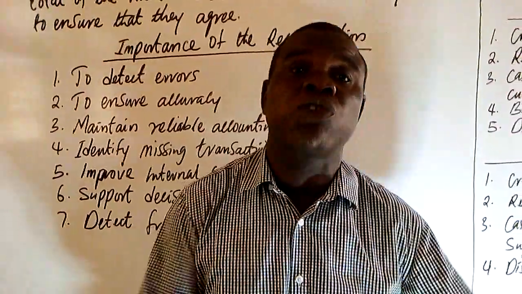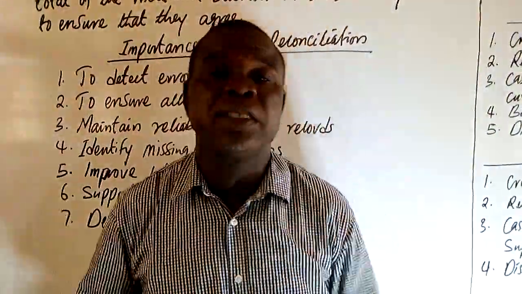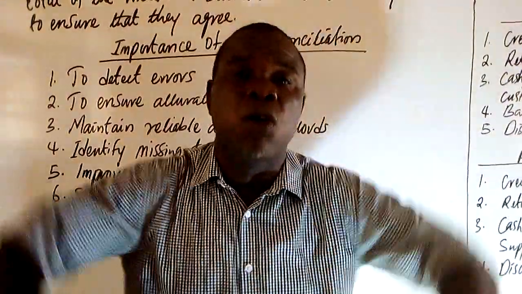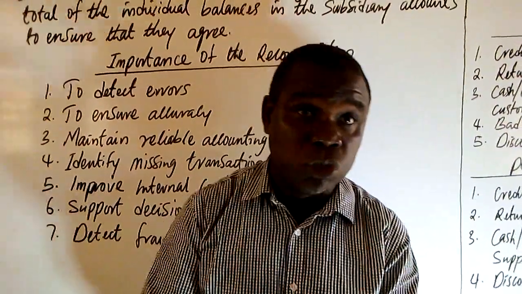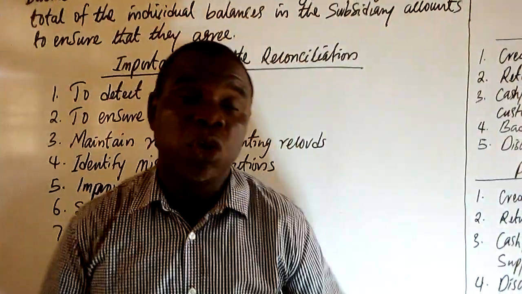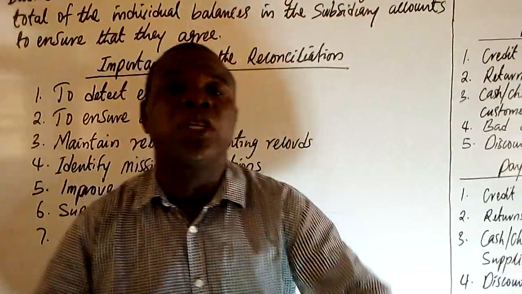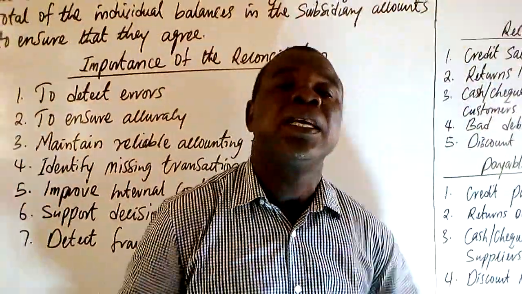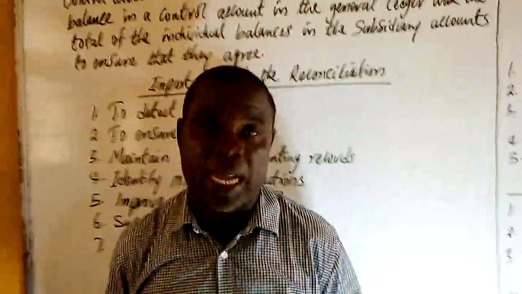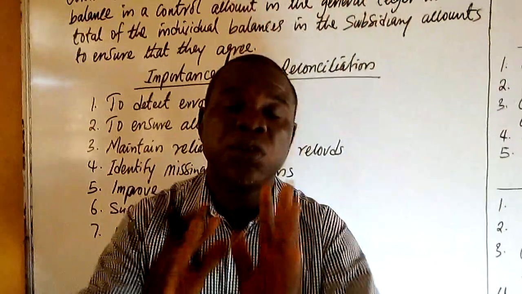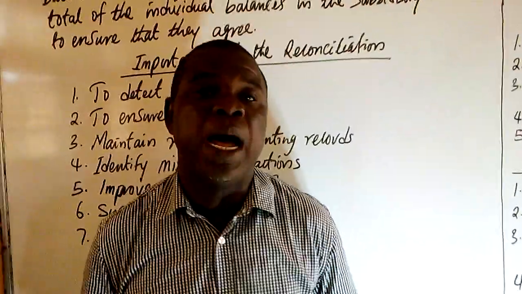The process of trying to detect the difference and correct it is what is called control account reconciliation, whereby the balance in the subsidiary book is now equal to the final balance when preparing the control account. That is what control account reconciliation is all about.